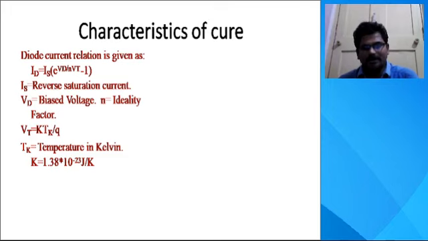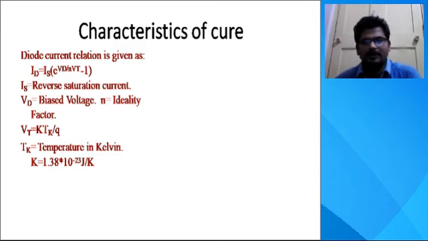And eta is called the ideality factor; sometimes we call it the efficiency of the diode. And Vt is related to the temperature, that is k into T, the Boltzmann constant into room temperature in Kelvin, divided by q, which is the charge of the electron.